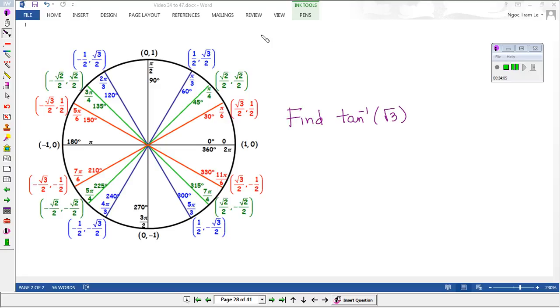First, we want to make a quick note for the inverse tangent: the domain and the range.